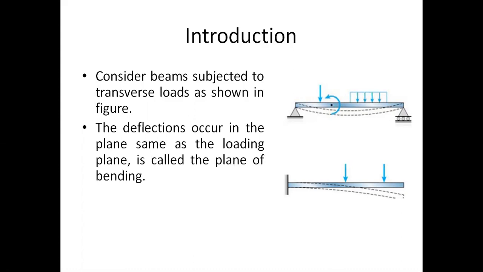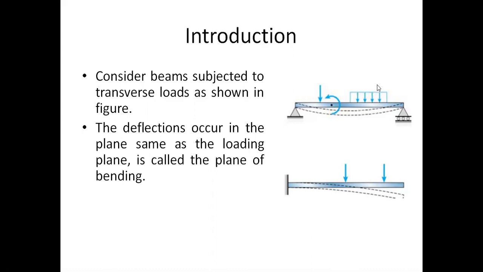So when a transverse load is applied on these beams, what happens? Definitely there will be bending. For example, if you see here, if I apply a load here, because supports are here, it will deflect like this. Rather, I can say it bends like this. If you take this beam, where one end is fixed and the other end is free, when we apply a transverse load, this will bend like this.